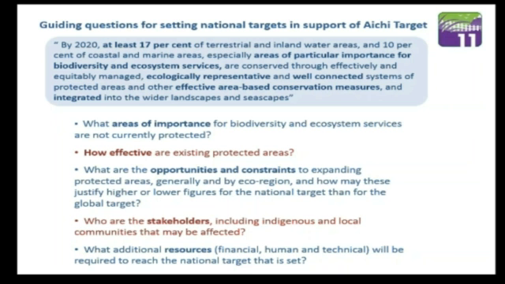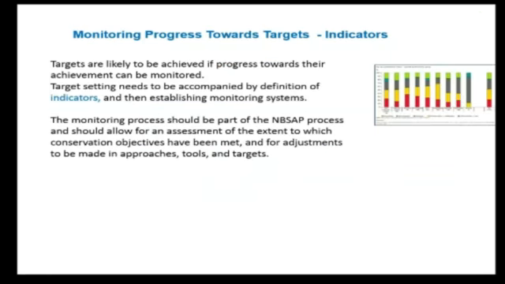And now, once you've been setting your targets, making them specific, measurable, attainable, relevant, and time-bound, then you're also developing indicators for them. Targets are more likely to be achieved if progress towards their achievement can be monitored.